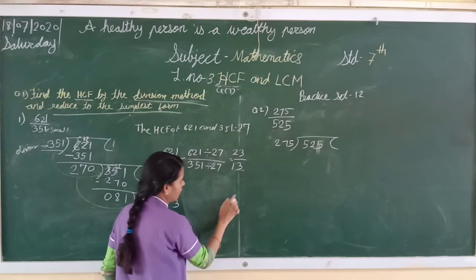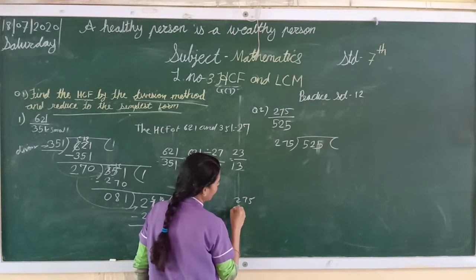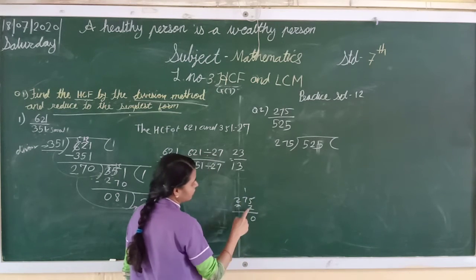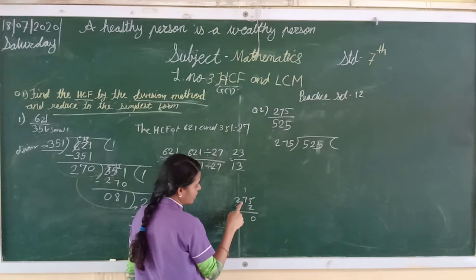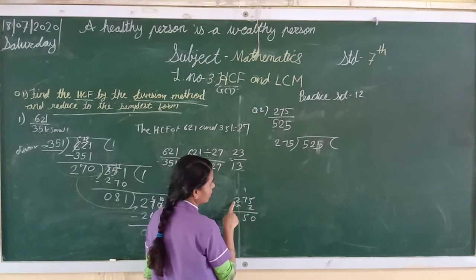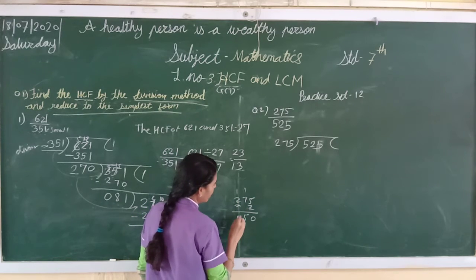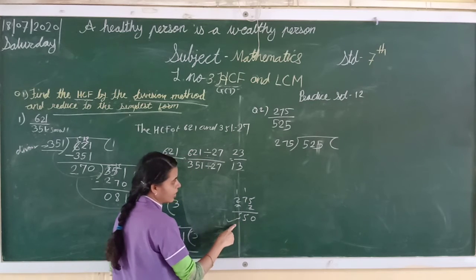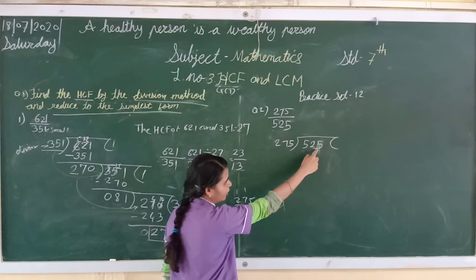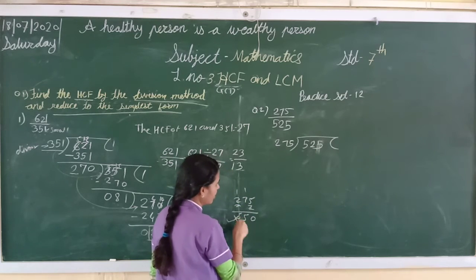First in rough we will do here 275 twos are 5 twos are 10, 2 sevens are 14 plus 1 is 15, 1 carry, 2 twos are 4, 4 plus 1 is 5. 550 is a greater number. We can't subtract from 525. So we will not take this one.